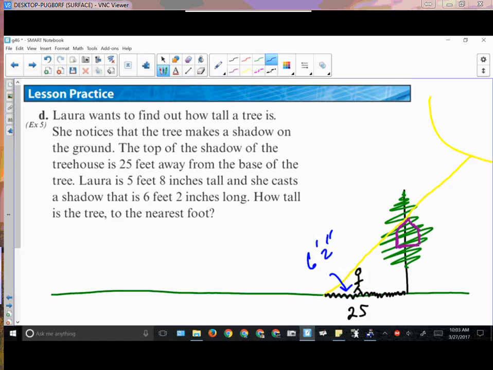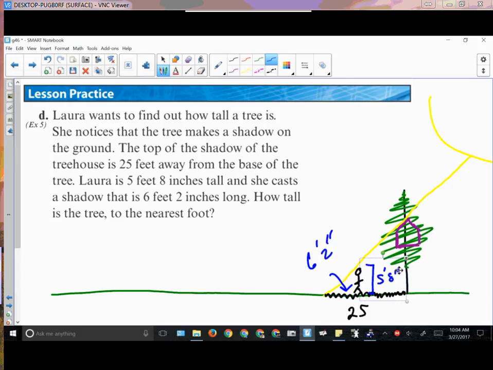Now, does she also know how tall she is? She is also the height of 5 feet 8 inches. Now, for this, is it important for us to switch everything into one measurement? Everything in feet, everything in inches? We don't want feet and inches, do we? That would be a little messy.